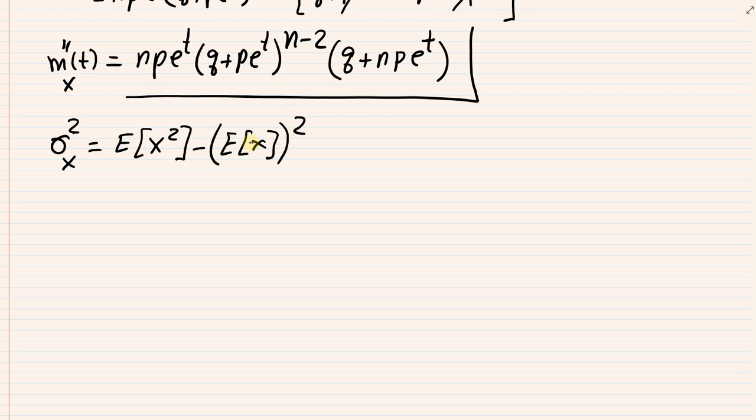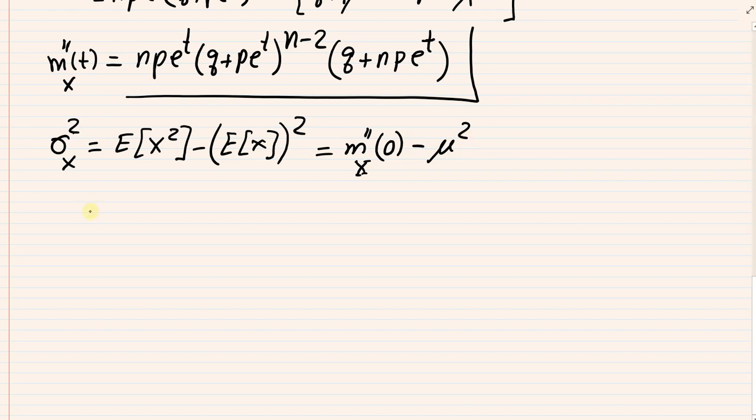Now, in order to find the expected value of x squared, that's going to be the second moment evaluated at 0. That's what expected value of x squared is, the second moment. Okay, minus mu squared, which we just found earlier, that was np, right?